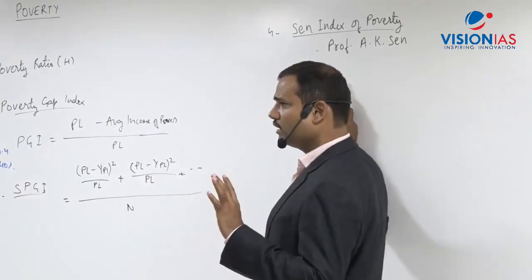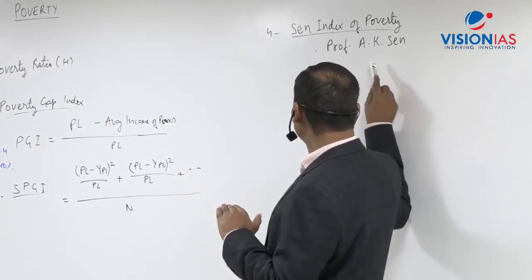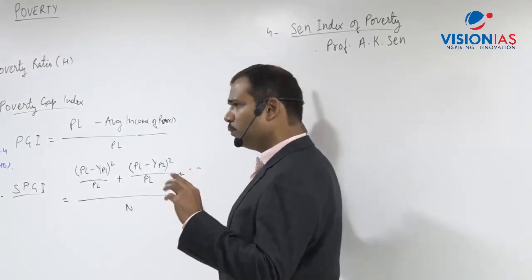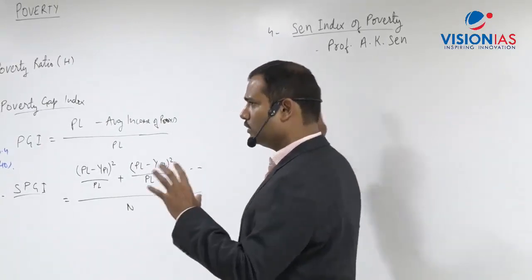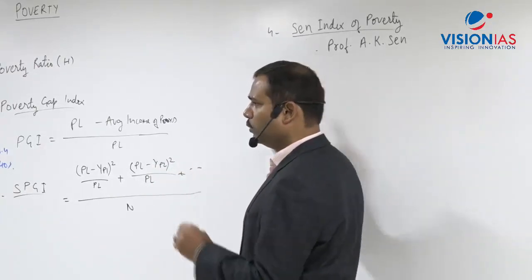So you should have a broad idea. He is from developmental economics, or we can say welfare economics, and he got the Nobel Prize for his work on poverty and famines. So one important core area of his research is poverty. He has given one measure of poverty, how to measure poverty.